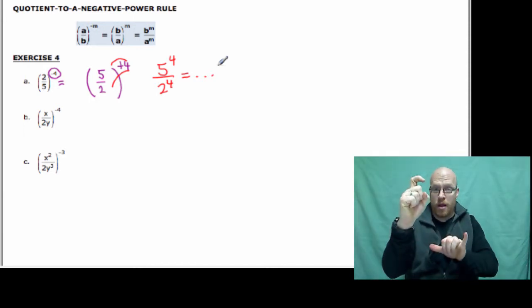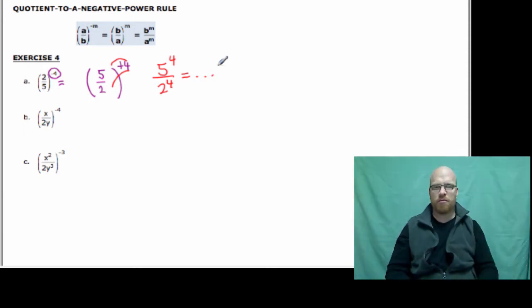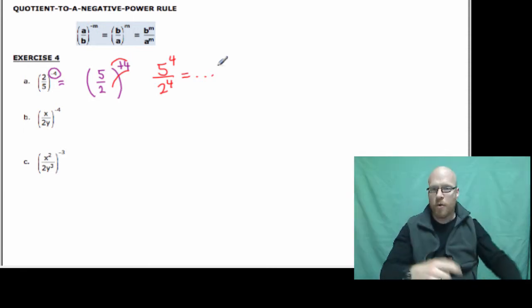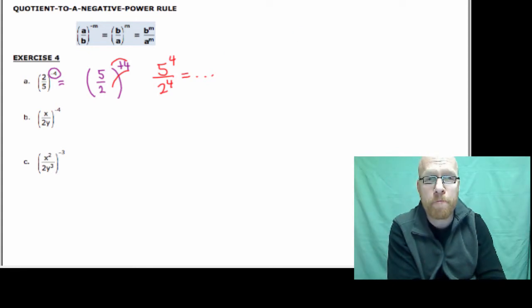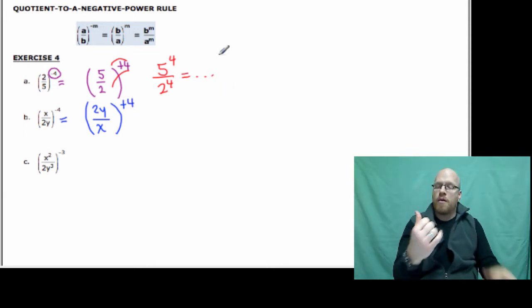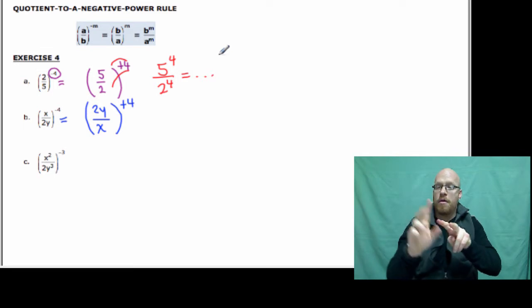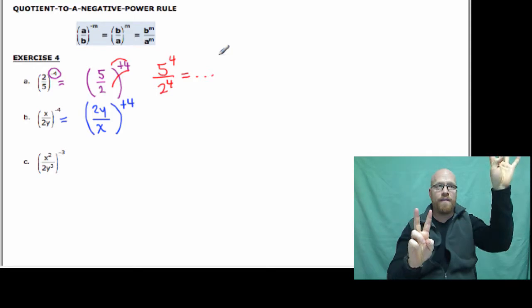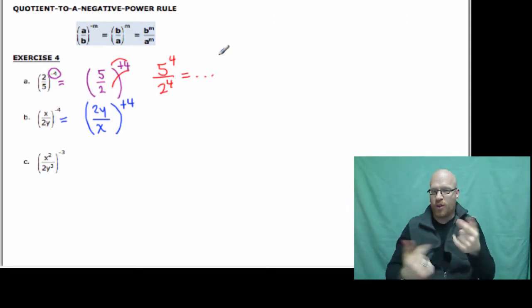x over 2y raised to the negative 4 power. The easy part is flipping the fraction. Okay, and now the power rule applies. So we have to distribute the 4 and multiply it with the exponents of 2 and y and x.